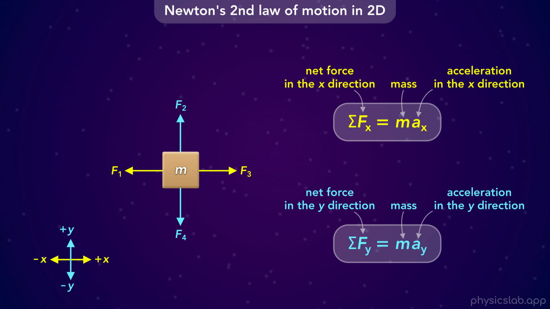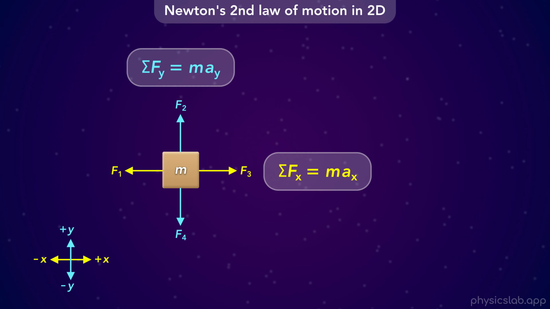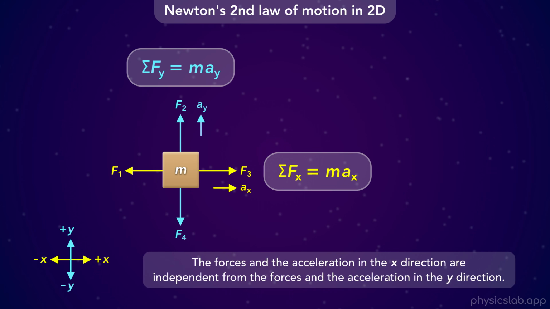Just like we learned when working with projectile motion, the x and y directions are independent. So the force and the acceleration in the x direction are independent from the forces and the acceleration in the y direction. The horizontal forces do not affect the vertical acceleration, and the vertical forces do not affect the horizontal acceleration.